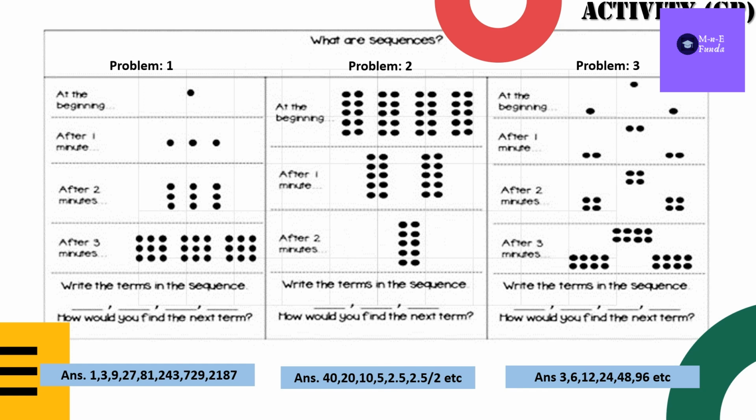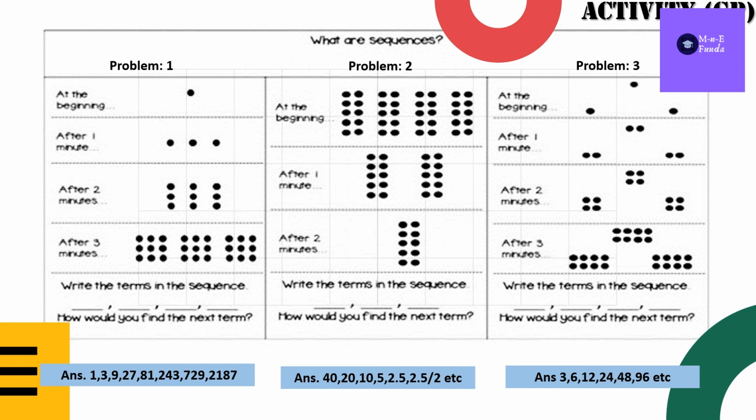Now this is another GP activity. Some problems are given here: problem 1, problem 2, and problem 3. In the first question, you all observe that in the beginning the first number was 1. After 1 minute, it was 3 dots. After 2 minutes, 9 dots. After 3 minutes, 27 dots.